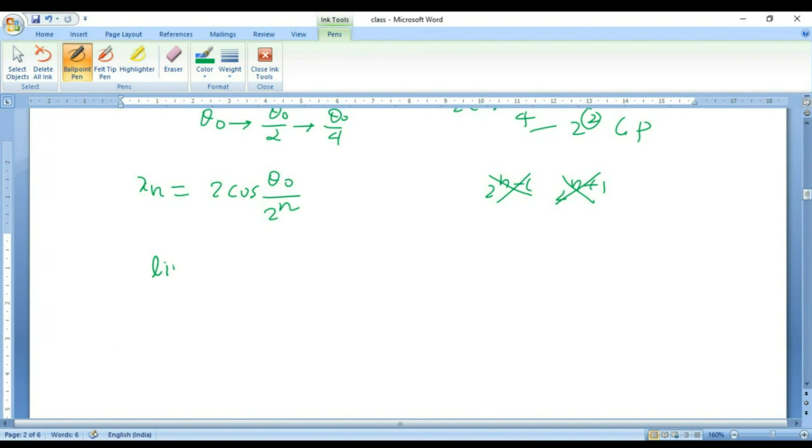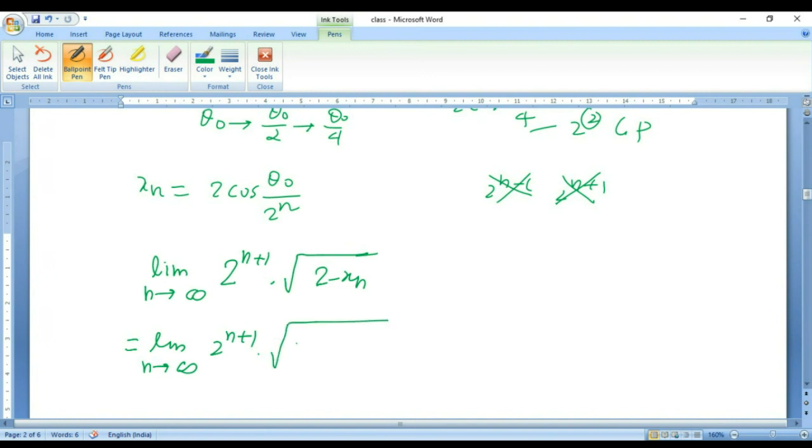So we wanted to find the limit as n tends to infinity of the expression 2 to the power n plus 1 times root of 2 minus xn. That equals the limit of n tending to infinity of 2 to the power n plus 1. We already know xn. So this is 2 minus 2 cos theta naught over 2 to the power n.